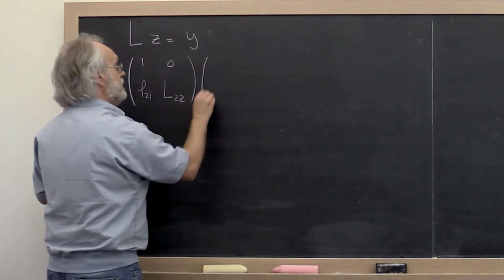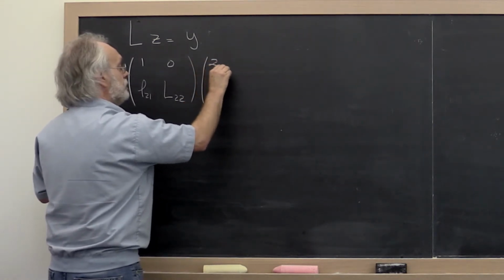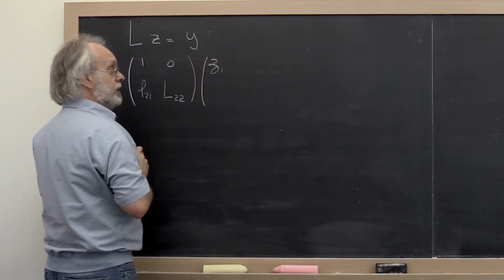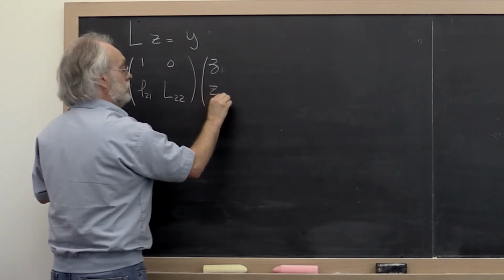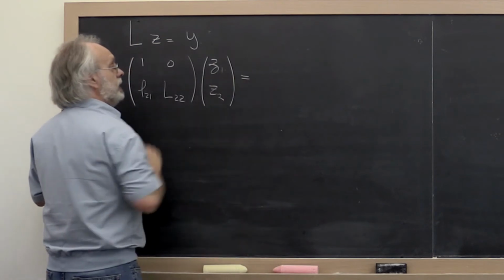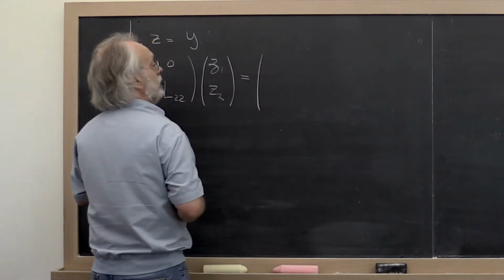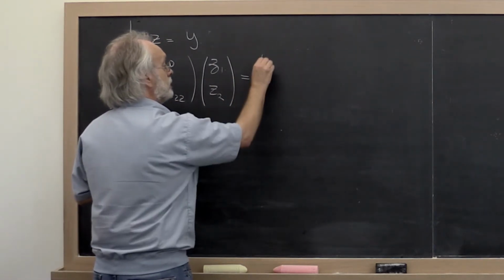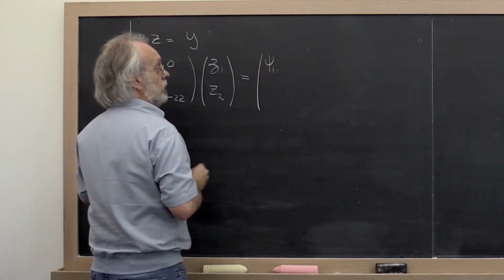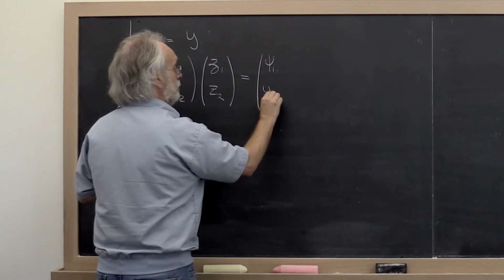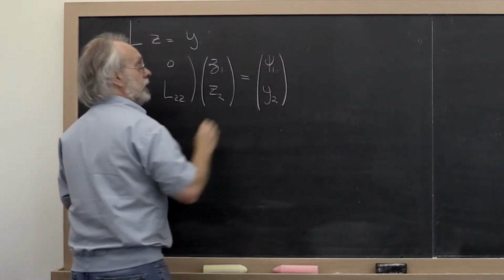And then let's take z and partition it into zeta1, we use a Greek letter zeta because it's a scalar, and z2. And that has to be equal to the vector exposing the first element as psi1 and the rest of that vector as y2.